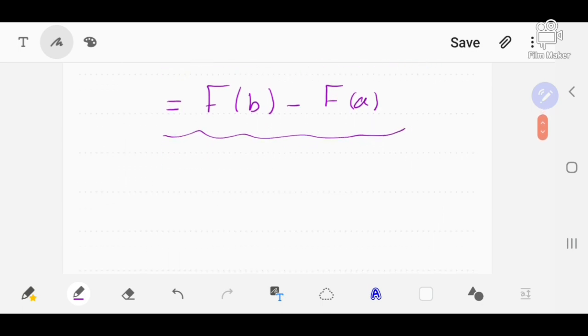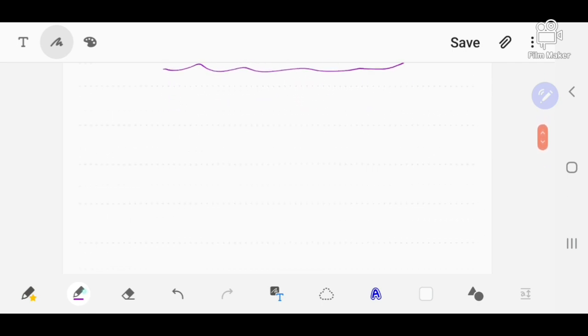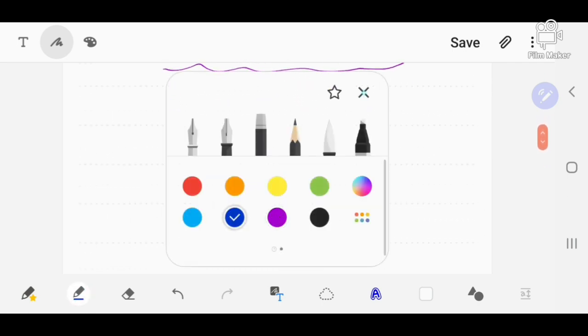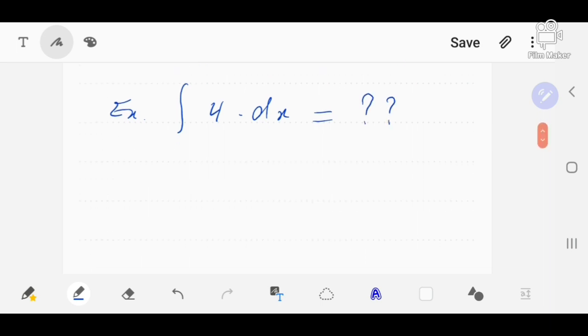Making use of definite integral, let's say I want you to find integration of 4 depending on x. What does that mean, and how would I find that? I'll do it in two ways. We have talked about the rule of integrating a constant.